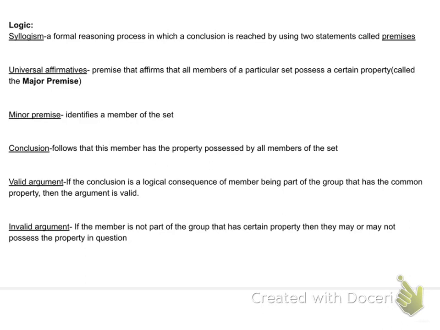That's the conclusion. The conclusion follows that if a person is a member of the group, then that person will have the quality of the group. Like even numbers are divisible by 2. So if 8 is even, therefore 8 is divisible by 2.